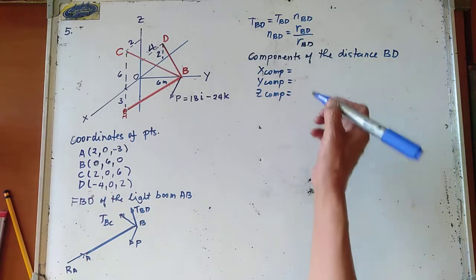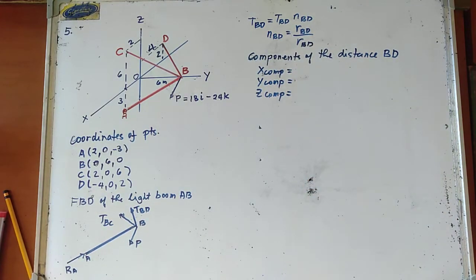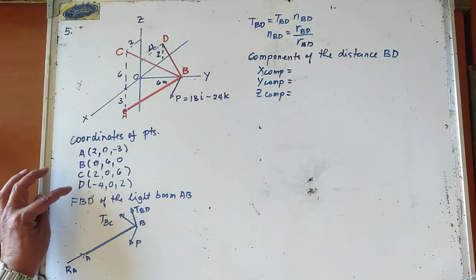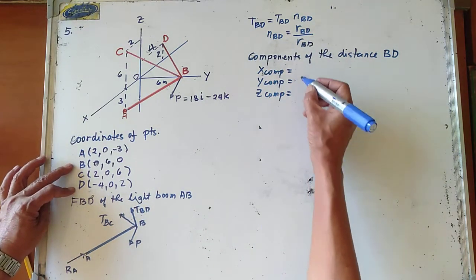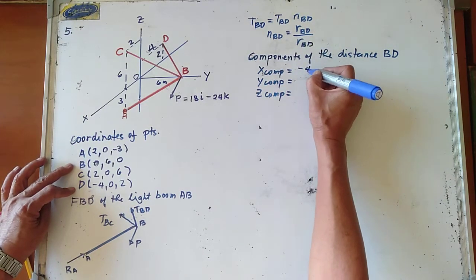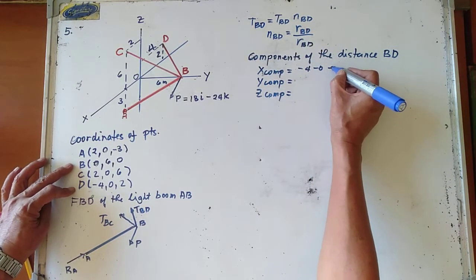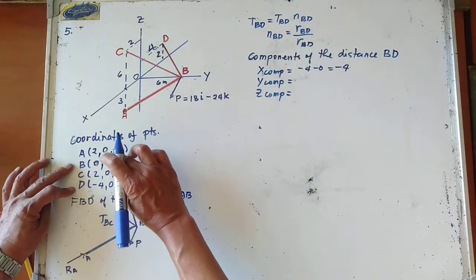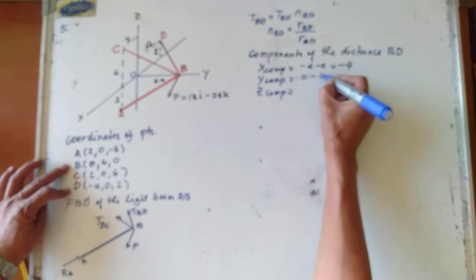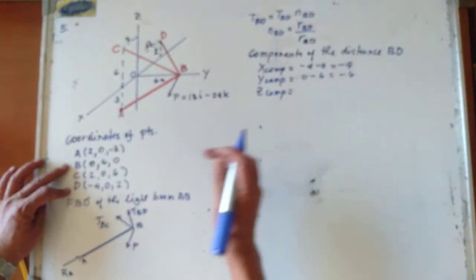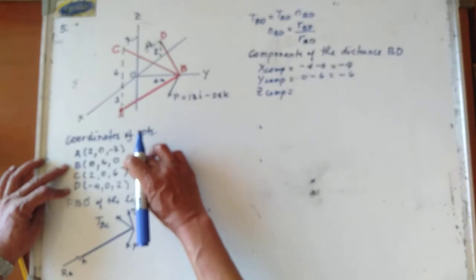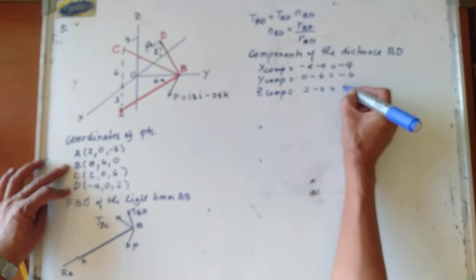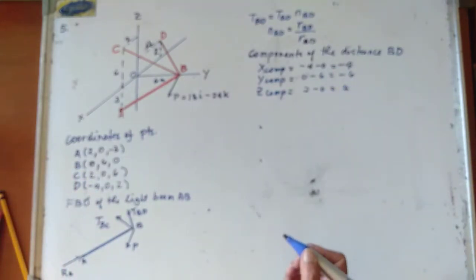The position vector is directed from B to D, so it is D minus B. So x is minus 4 minus 0, that is negative 4. Then 0 minus 6, that is minus 6. And 2 minus 0, that is equal to 2.